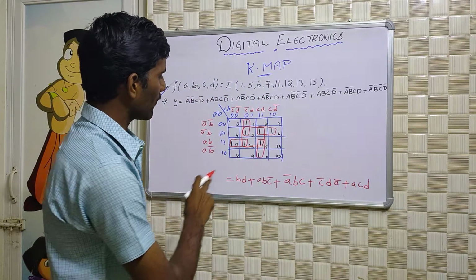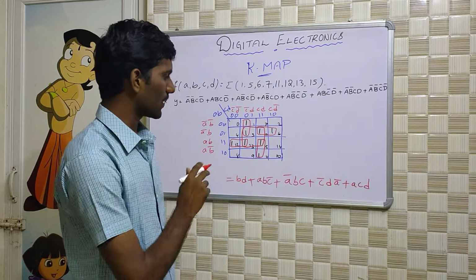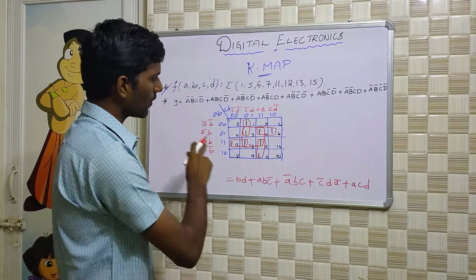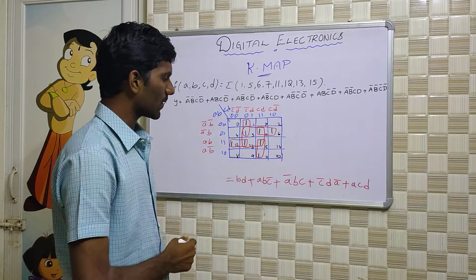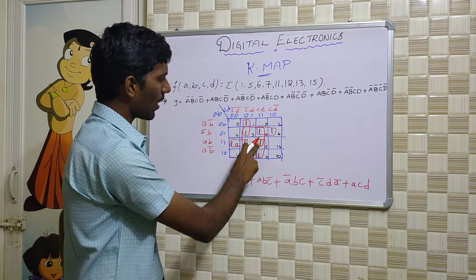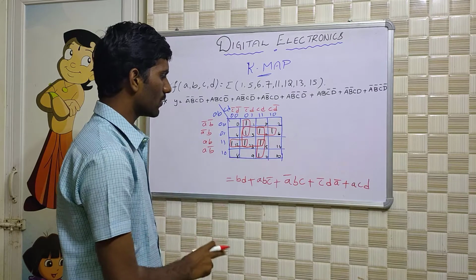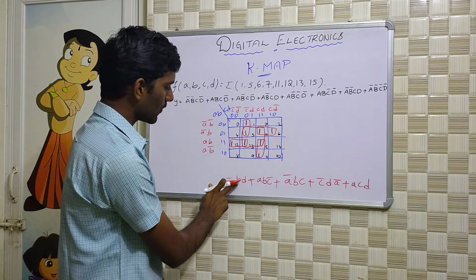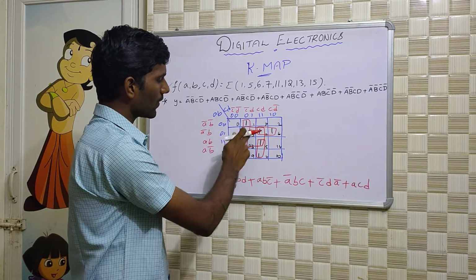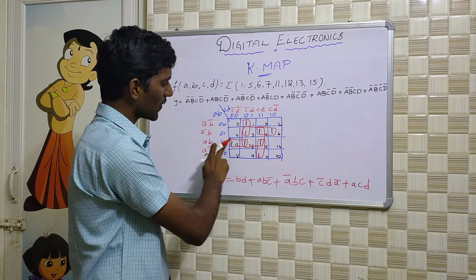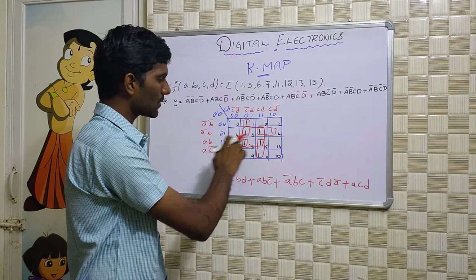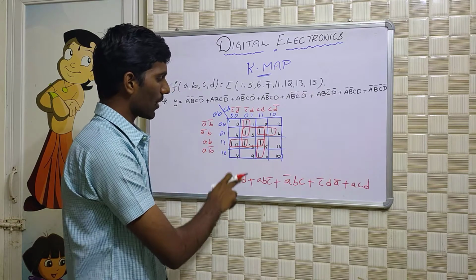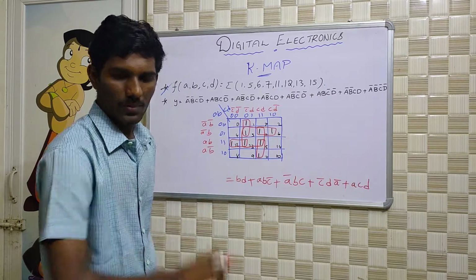So we need to form the minimum combinations in case of K-map, and also all ones need to be combined with their adjacent. Here all are paired with 2. So then there is no necessity for BD since all ones are already mapped with their adjacent. There is no need for the 4 variable mapping again, so we can eliminate this BD.